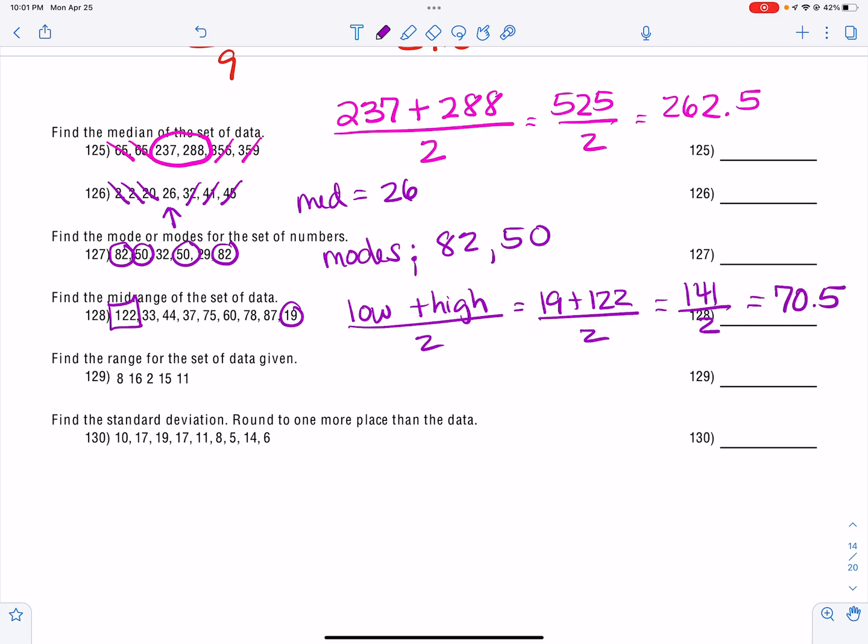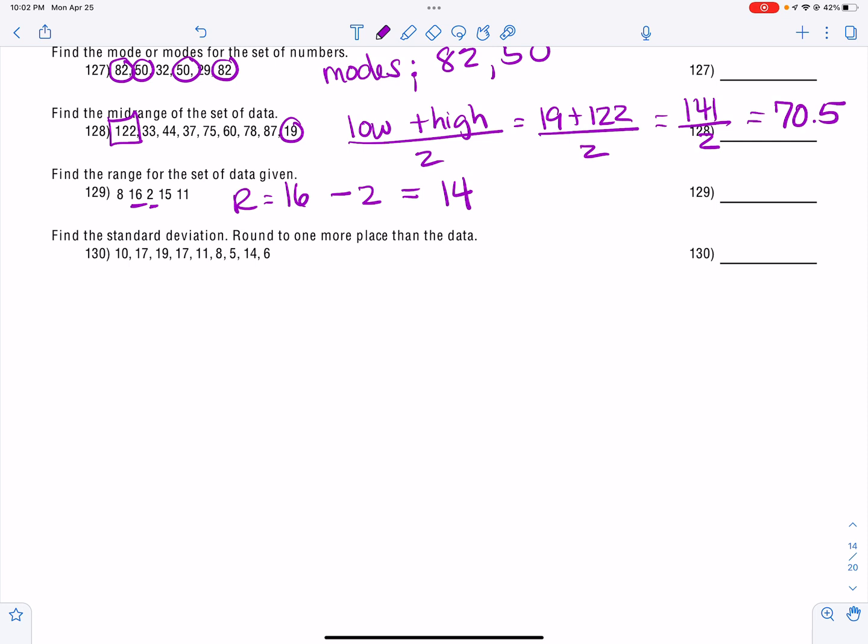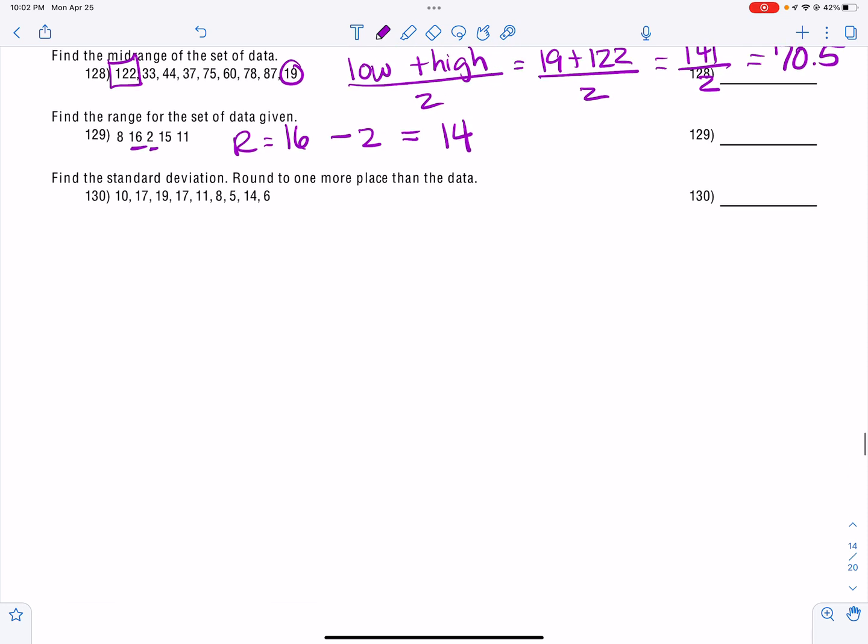Okay, the range is the high number minus the low number. And so 16 minus 2 gives me a range of 14. Now, for standard deviation, and this is a lot of information, guys, so I'm going to take it kind of slow, but we first have to list all of our data points.